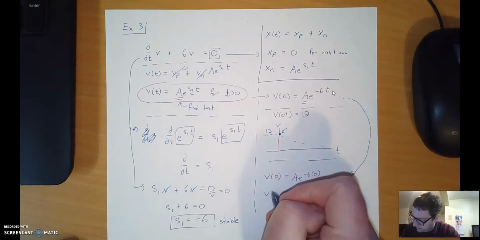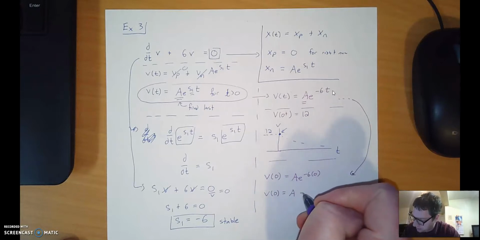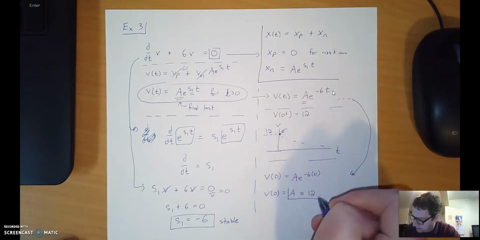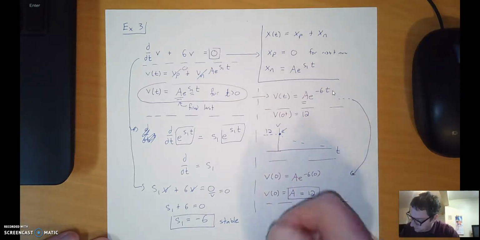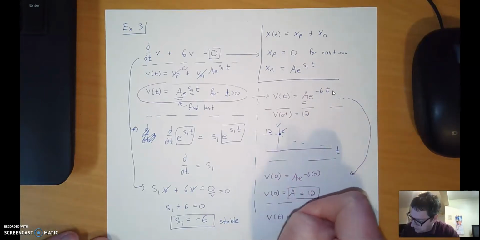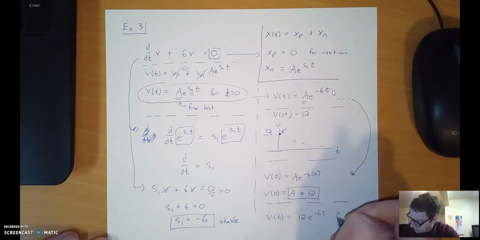So we get that V of 0 is equal to a, and we know that it's also equal to 12. Therefore a is equal to 12. And at this point, we're done. We just write V of t equal to 12e^(negative 6t) for t greater than 0.